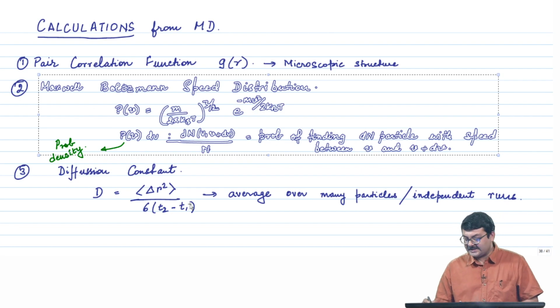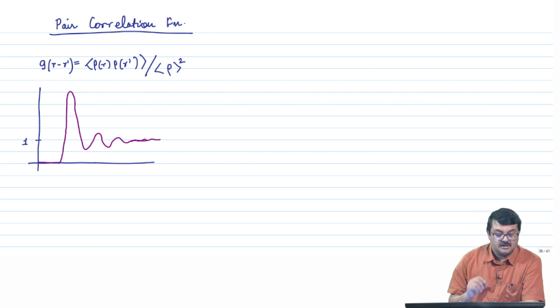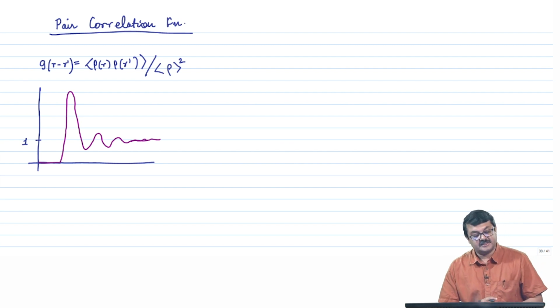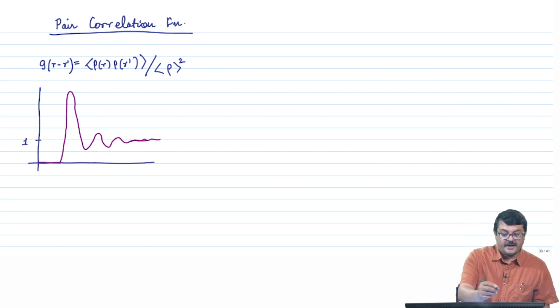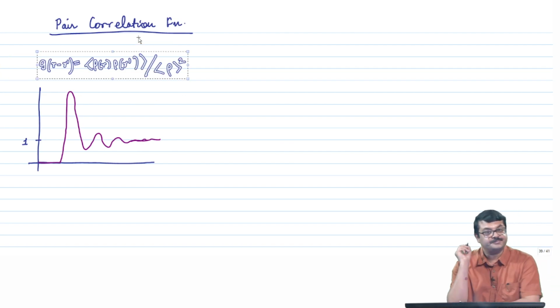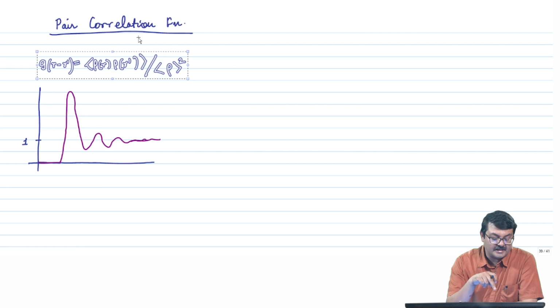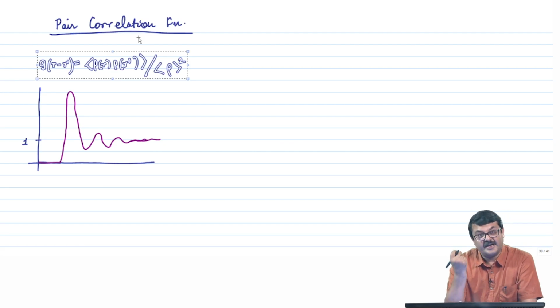Okay. Having said that, let me give you the details of what a pair correlation function is. The pair correlation function is typically denoted by g(r minus r'), as I have written here, where r is the position of one particle and r' is the position of another particle, and it is also referred to as the density correlation function.